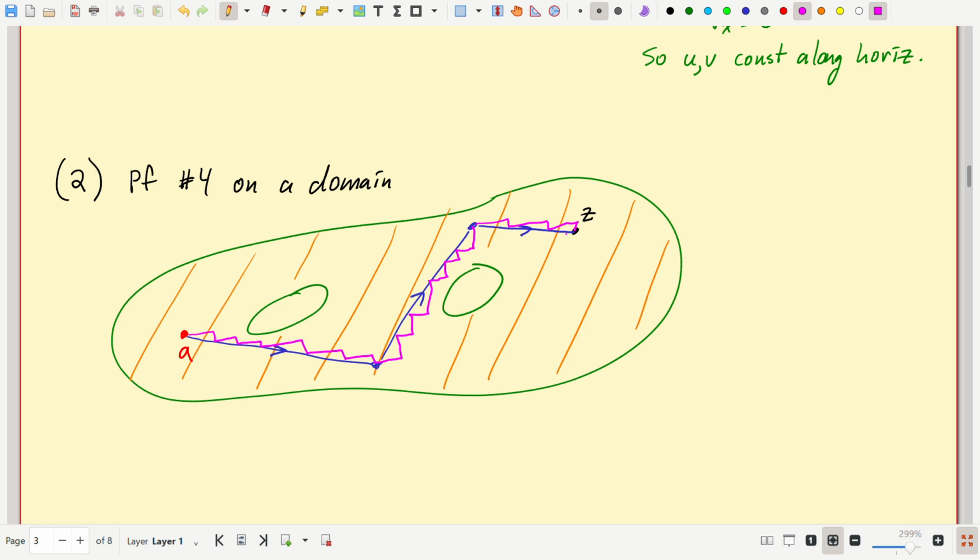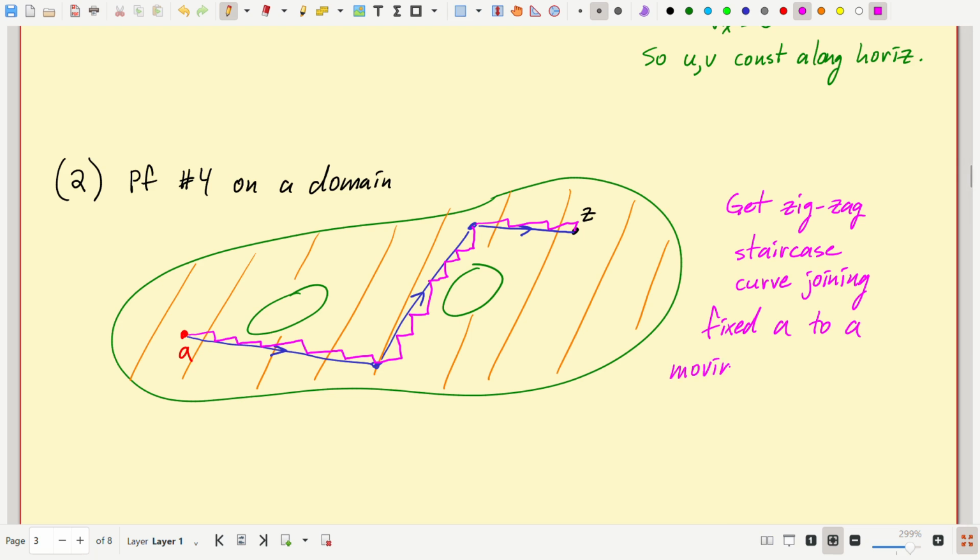So I get a zigzag staircase curve joining A to Z. So joining a fixed A to a moving Z. I think of it as moving.